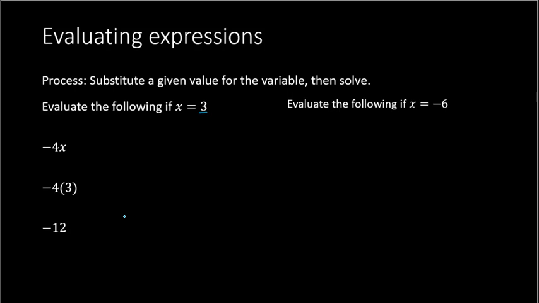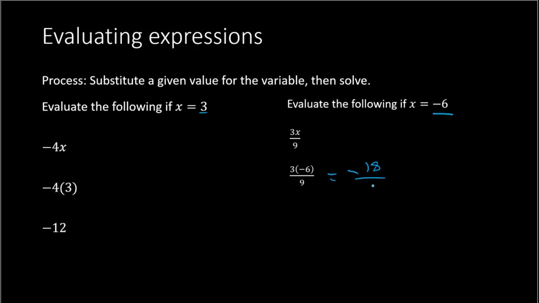One last question. Here we are told to evaluate the following if x equals negative 6. And what we have is 3x over 9. When it says 3x, that means 3 times x. So to evaluate, instead of 3 times x, we now have 3 times negative 6, divided by 9. So 3 times negative 6, we have a positive times a negative number, the signs are different, so our answer is going to be negative, and 3 times 6 would be 18.